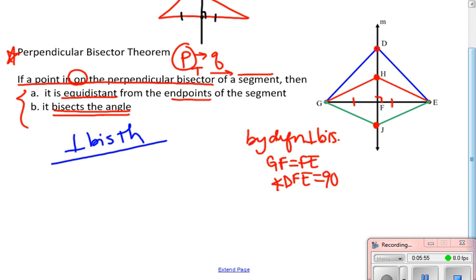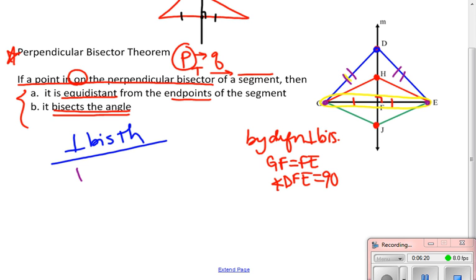Now additionally, what I get from the perpendicular bisector theorem, because this point D is on that perpendicular bisector, this information right here tells me that I know that it is equidistant to the endpoints.